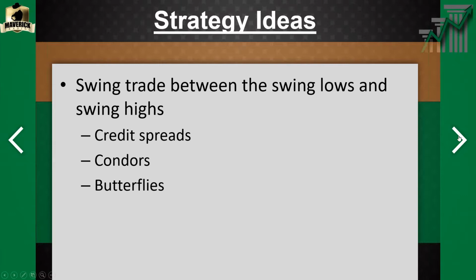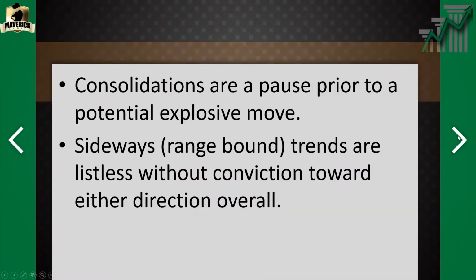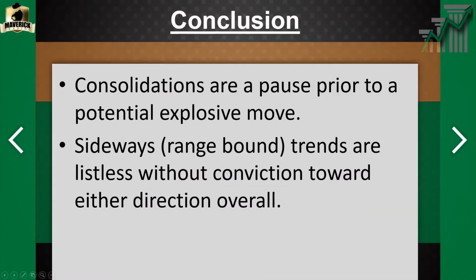So, in summary, when we look at this, consolidations are a pause prior to a potential explosive move, whereas sideways trading is range bound. It's listless without conviction. One other approach, of course, could be that if you're convinced it's range bound, then you buy weakness and you sell strength.